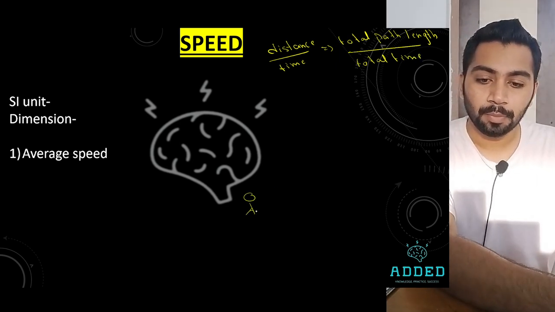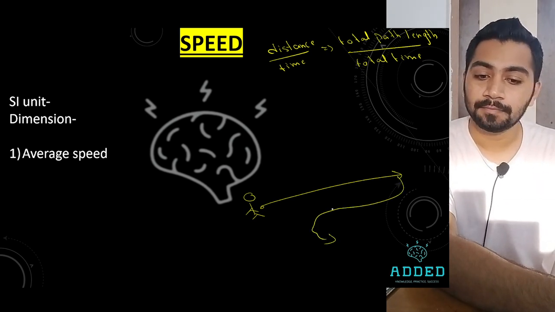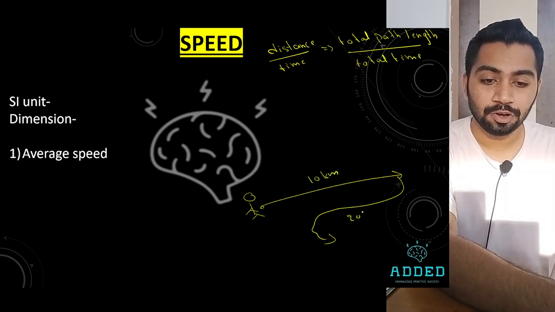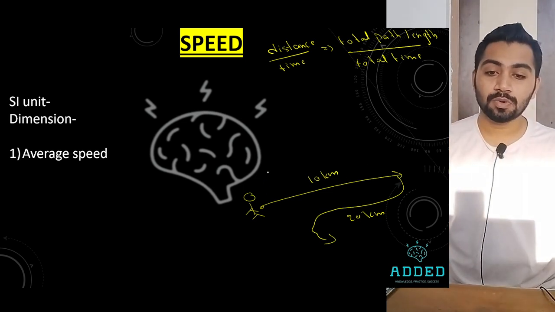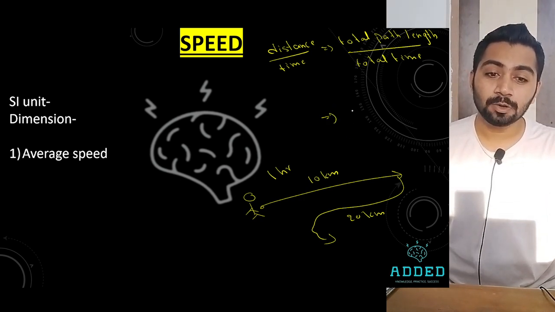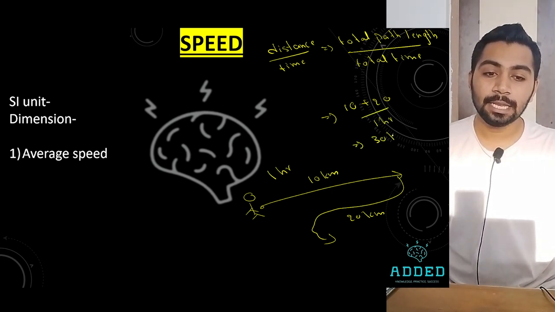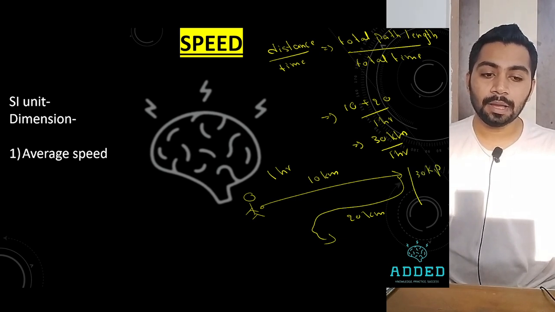Now suppose a boy starts his journey, going like this or like this. If it is 10 kilometers and 20 kilometers and you are taking 1 hour of time, then speed equals total distance, 10 plus 20, divided by 1 hour, so 30 kilometers divided by 1 hour. That's all. You can say your speed was 30 kilometers per hour.